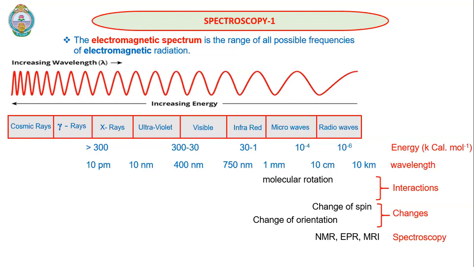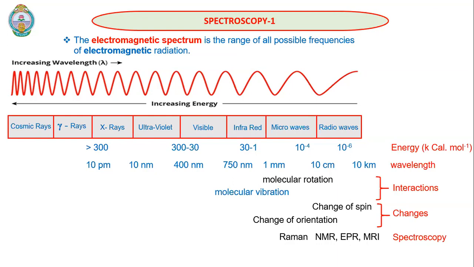So it will not cause any other changes; at the maximum, it can only change the conformation. The spectroscopy which utilizes microwaves is Raman spectroscopy. Generally, microwaves plus infrared radiations are both used for Raman spectroscopy, but the principle is change of orientation.